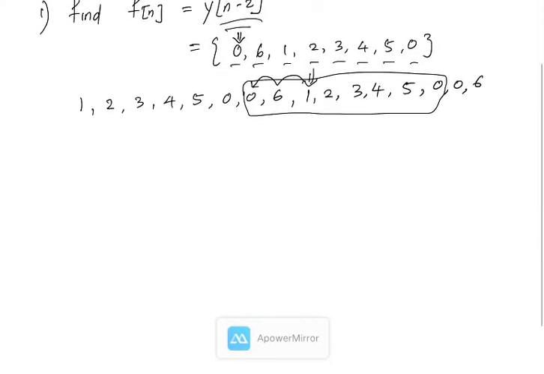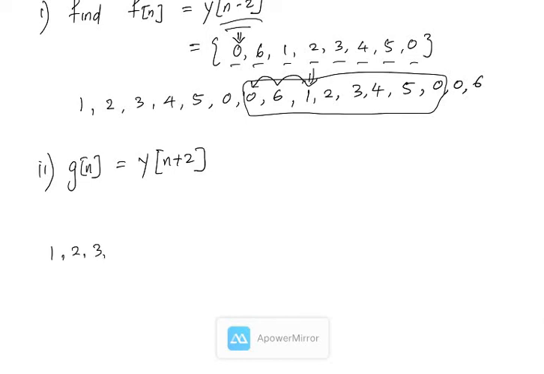For the next question, g[n] equal to y[n plus 2]. This is also the same, the signal is repeated.